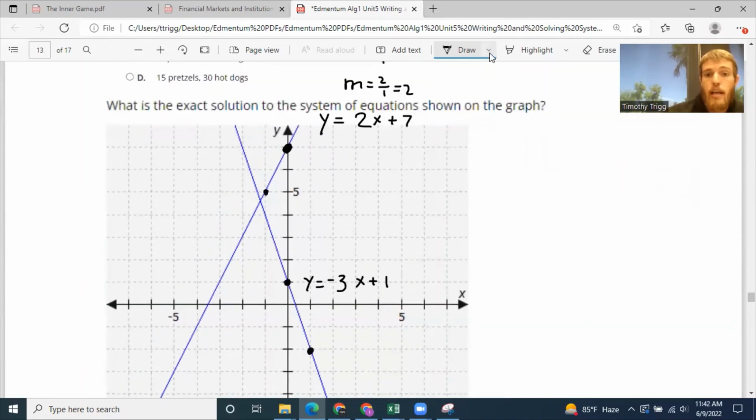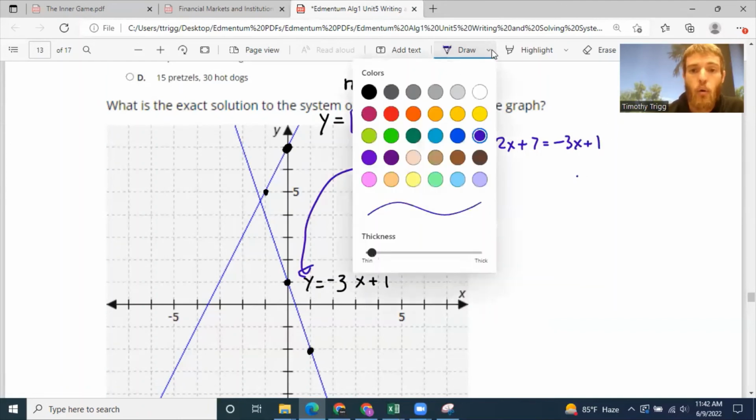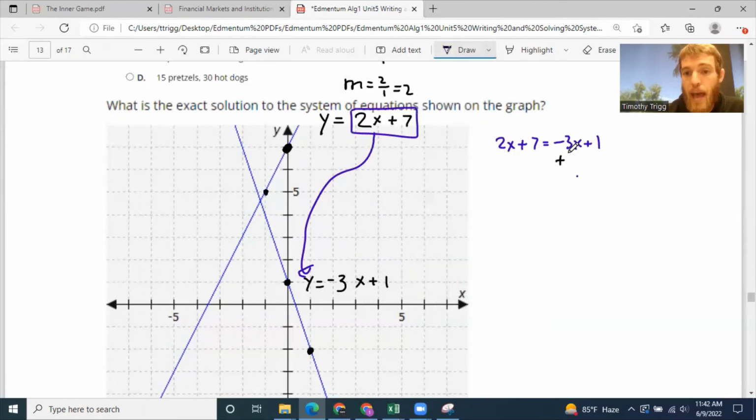Using substitution, I can put them equal to each other. Because y equals this, I substitute this in for y in this equation. So that'll give us 2x plus 7 equals negative 3x plus 1. Now my goal here is to solve for x. So my next step, I think, is to add 3x to both sides.